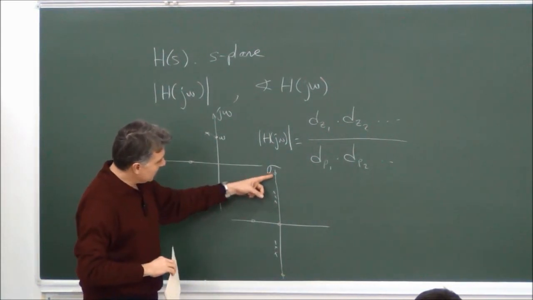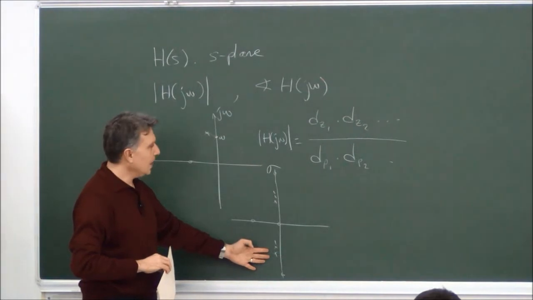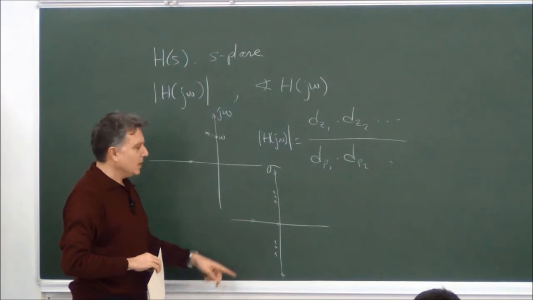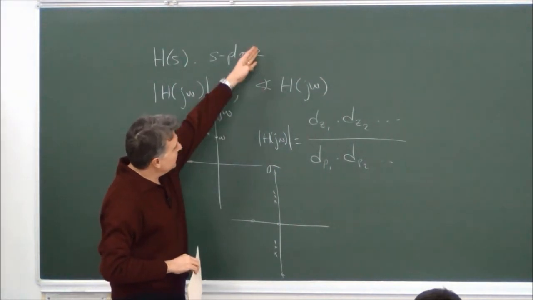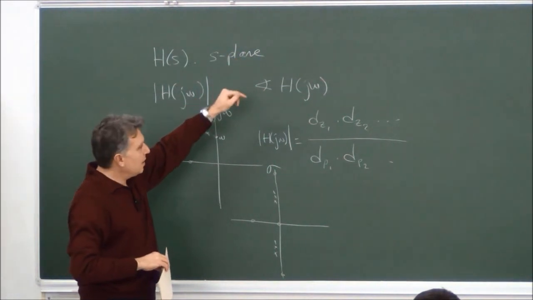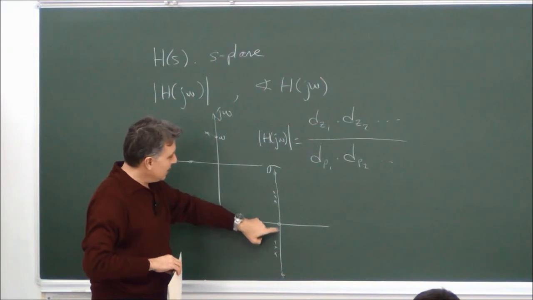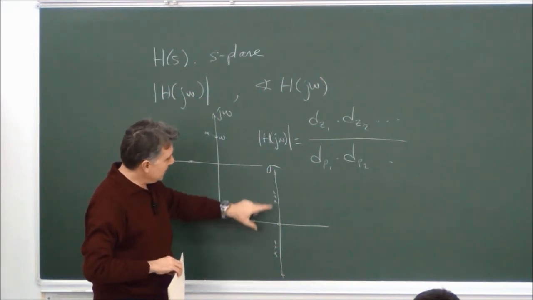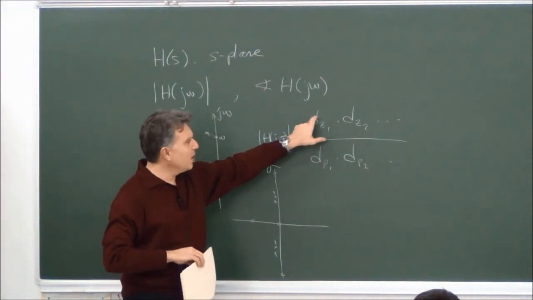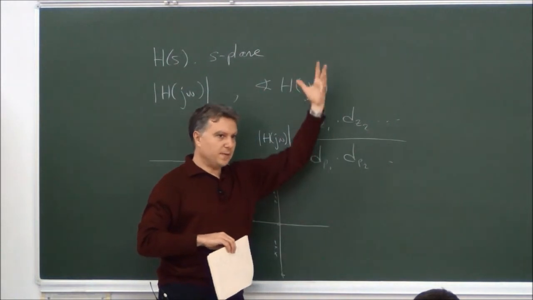So how many zeros are there? 4 zeros and 6 poles. By the way, if the number of poles is more than the number of zeros, if you go to infinity, this much frequency, if you go up a lot, the distance from these 4 zeros will give 4 terms in the numerator, which are going to infinity.